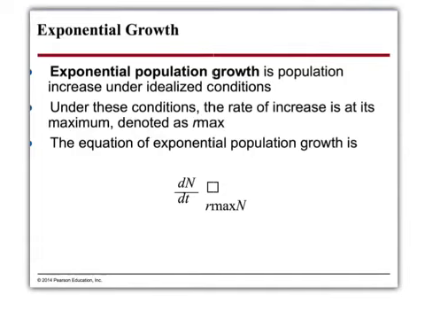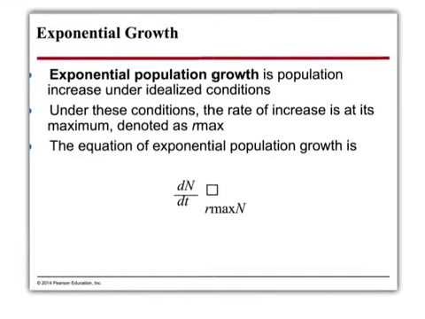Okay? So, rate of increase is at its maximum, which means what? If we were to go back, tell me what's the rate equal to? Births minus deaths, right? So if R is equal to births minus deaths, or mortality, what has to be the highest in order for R max?